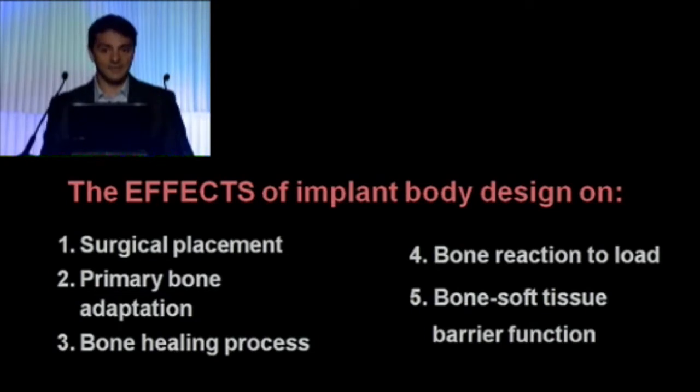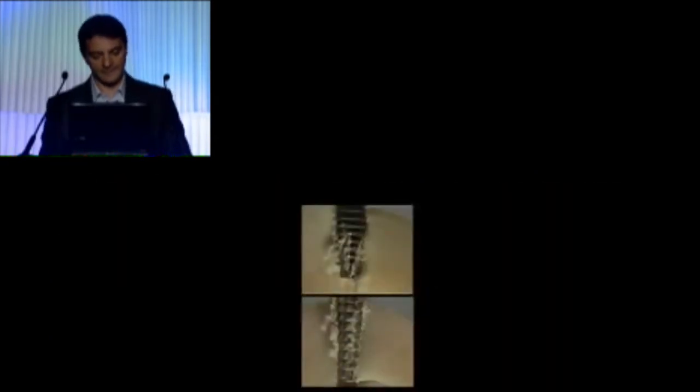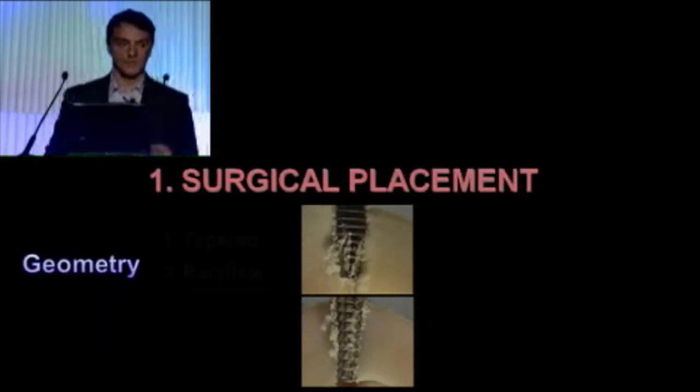Having different shapes in the threads in the body may also improve or delay the healing process of the bone, as well as the reaction of the bone to the load. And again, the connection and the neck of the implant can play a very important role in the soft tissue bone barrier. Now, let's start with surgical placement.